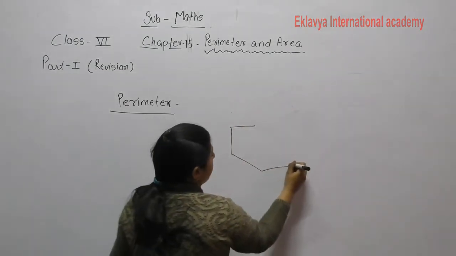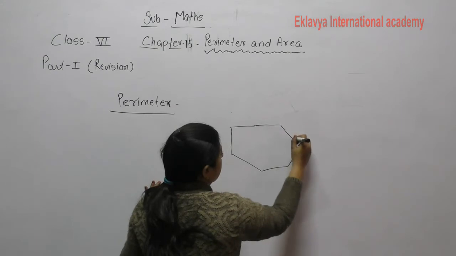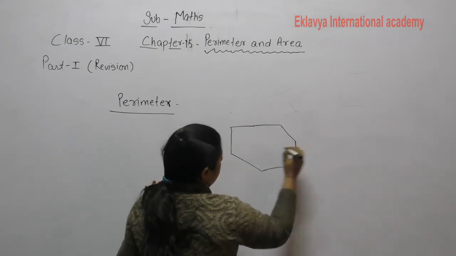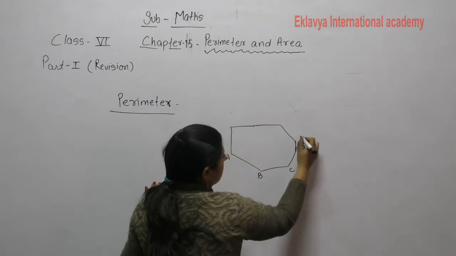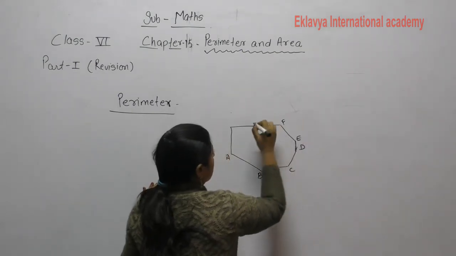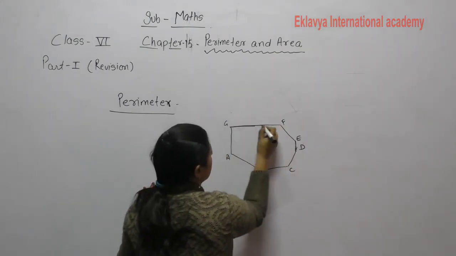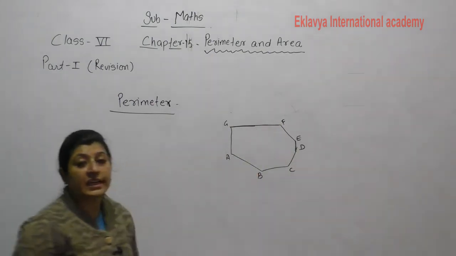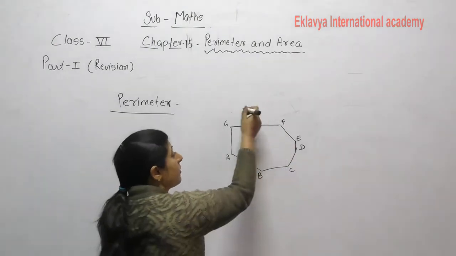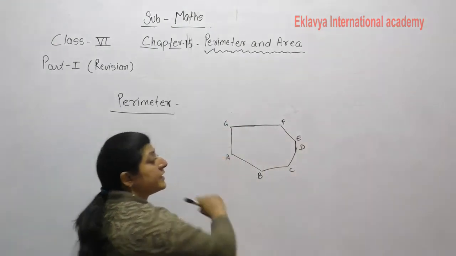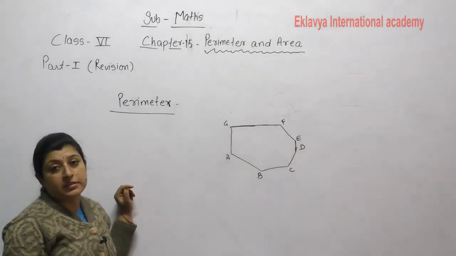Any shape, suppose I take this one closed figure, any closed figure we are taking, then the length of this boundary is called the perimeter.